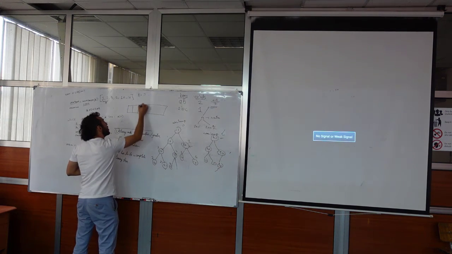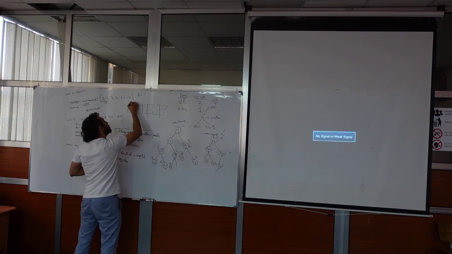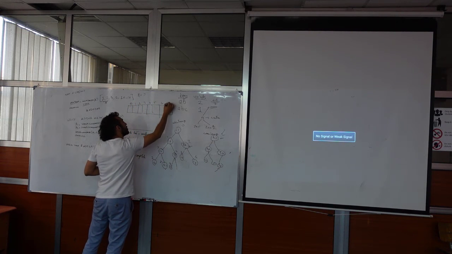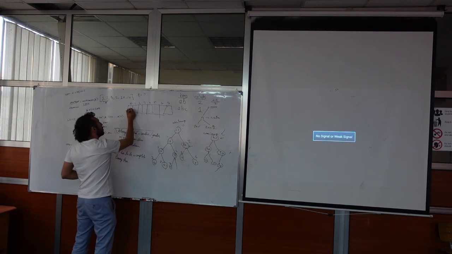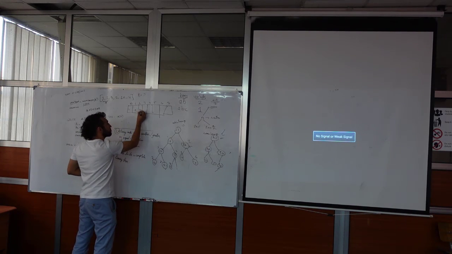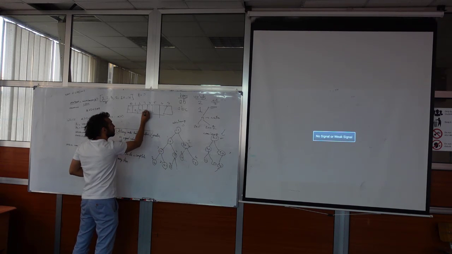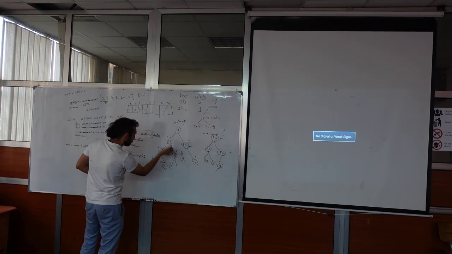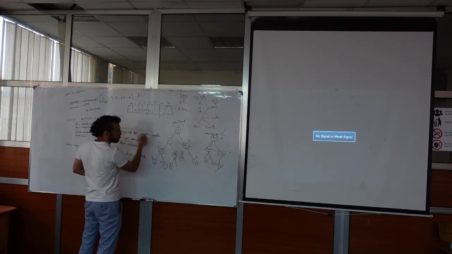So we are going to have one array for the heap. 0, 1, 2, 3, 4, 5, 6. Let's say we are going to fill it up to 7. Maybe this is 27. Should be fine.